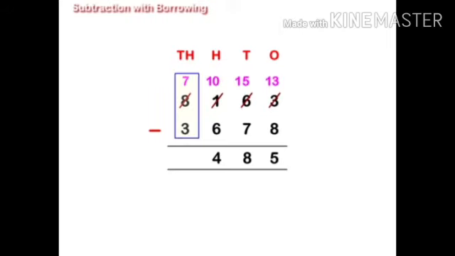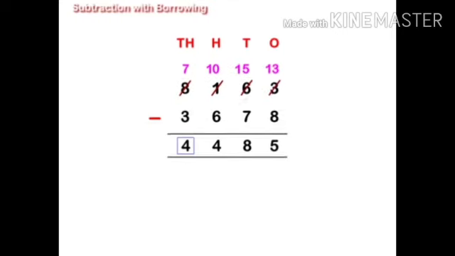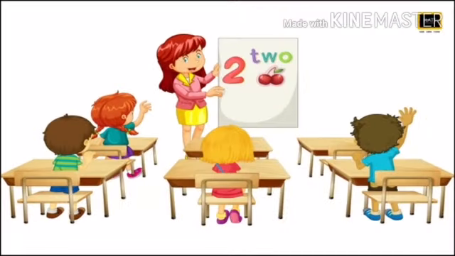Since 1 thousand is borrowed from 8 thousands, we are left with 7 thousands. Subtract 3 from 7, or 7 minus 3 is equal to 4 thousands. Thus, 8,163 minus 3,678 is equal to 4,485.